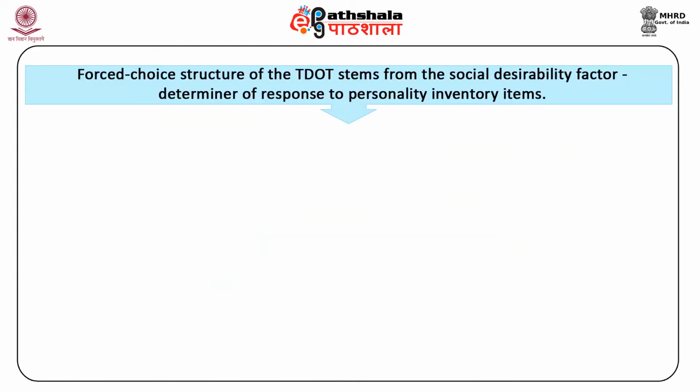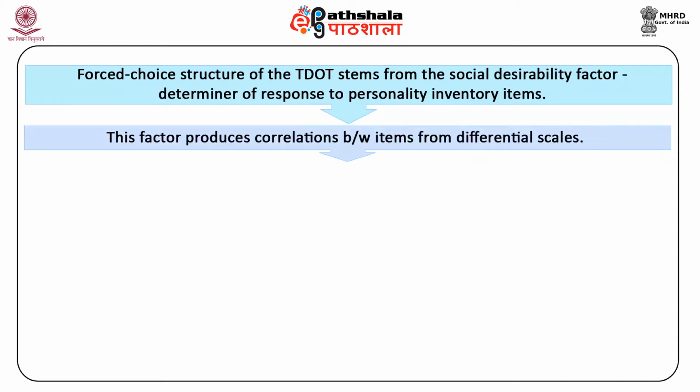The forced choice structure of the TDOT stems from the fact that research has pointed to the importance of a social desirability factor, that is, individual differences in the tendency to respond in a self-regarding versus self-critical manner as a determiner of response to personality inventory items.